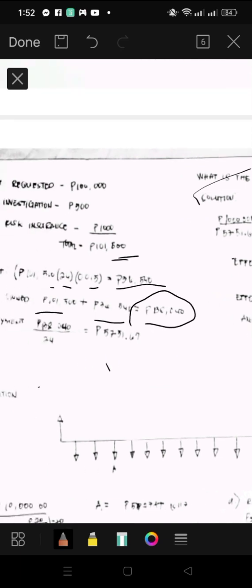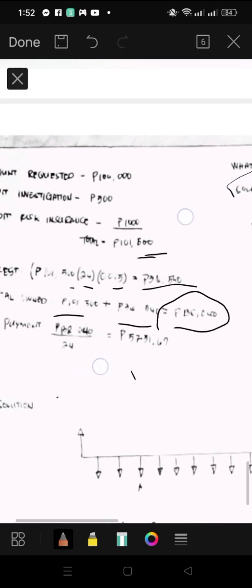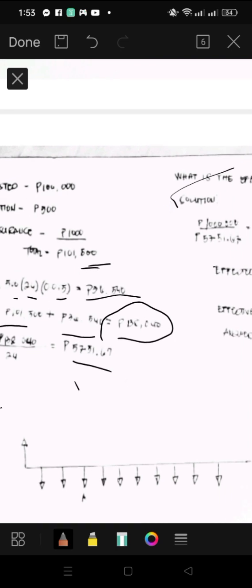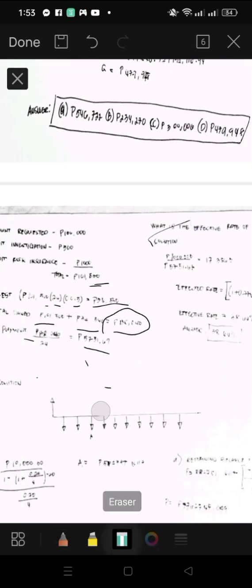So the monthly payment is 138,040 over 24, which is equal to 5,751.67.